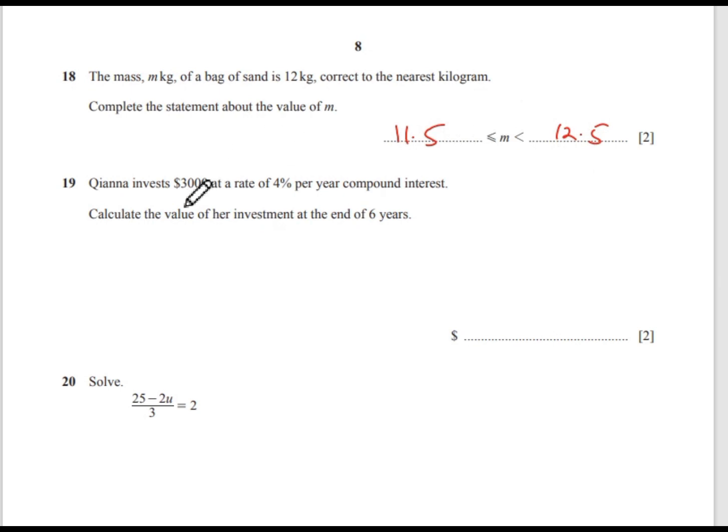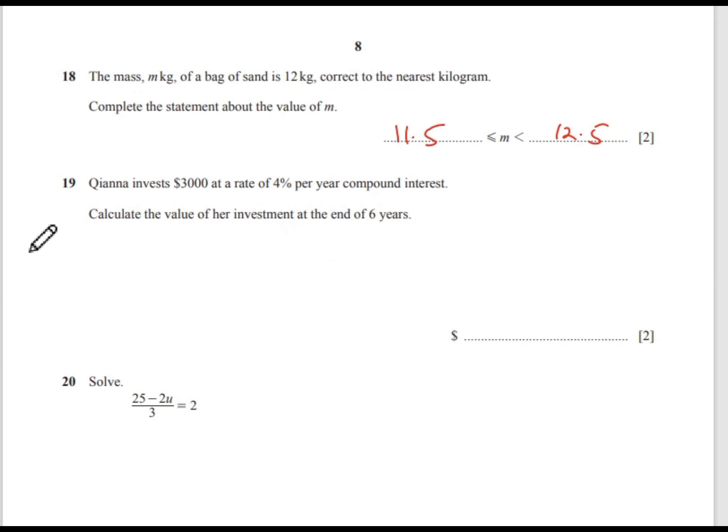Now look at this. Kiana invests $3,000 at the rate of 4% per year compound interest. Calculate the value of her investment at the end of 6 years.